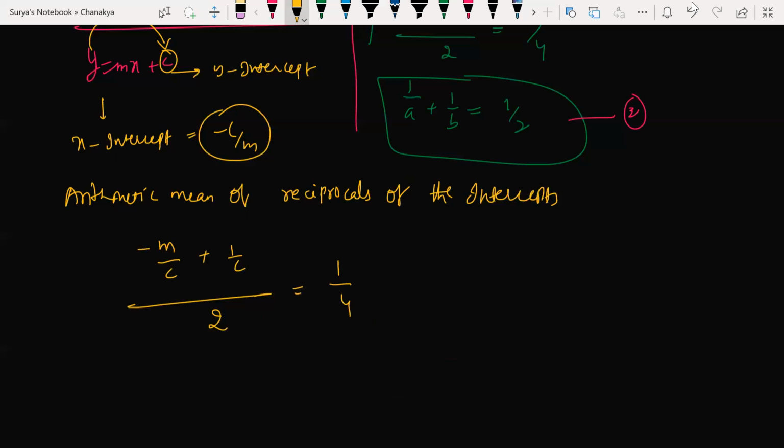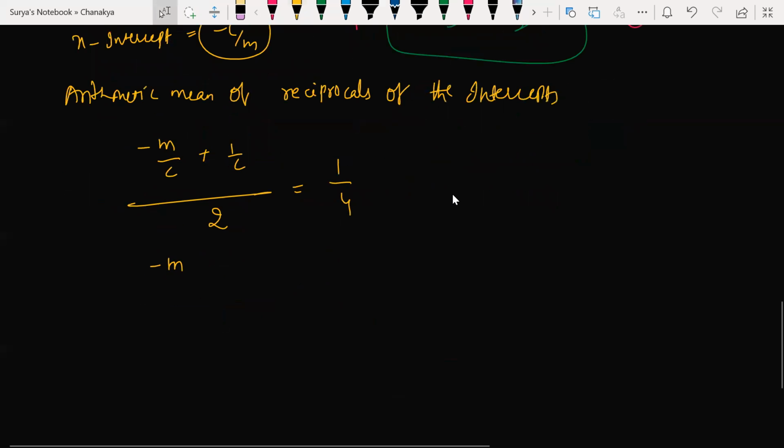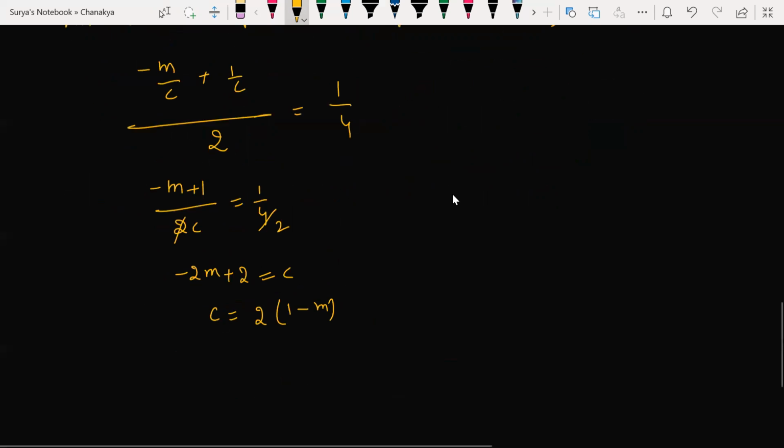Arithmetic mean, he has given this. Now simplify this. What are you going to get now? (Minus m plus 1) by 2c is equal to 1 by 4. 2 ones are 2, 2 twos are 4. So what are you going to get now? Minus 2m plus 2 is equal to c. So c is equal to 2 times (1 minus m). This is my c value.